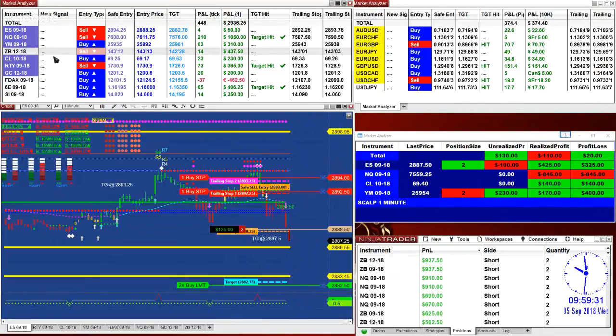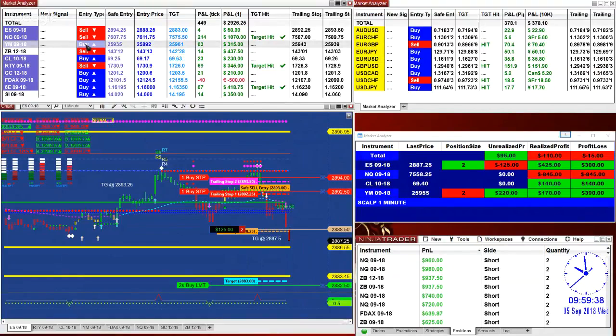And look, the YM is buy, the 30-year Treasury bond is in down direction, and the ES is in down direction, and the Nasdaq.